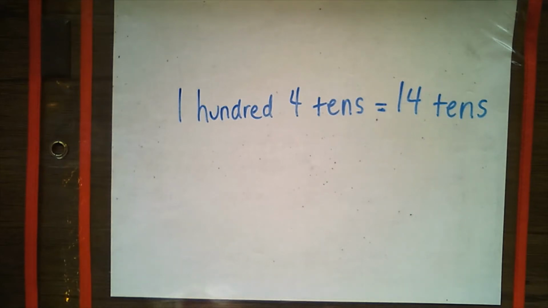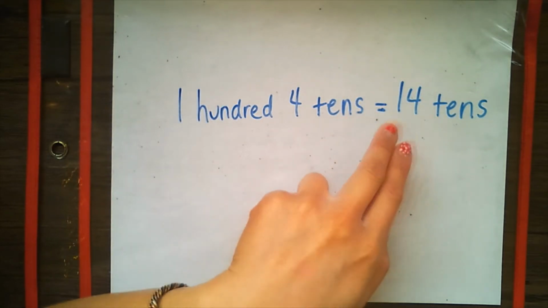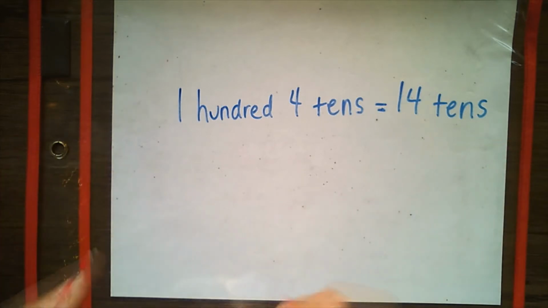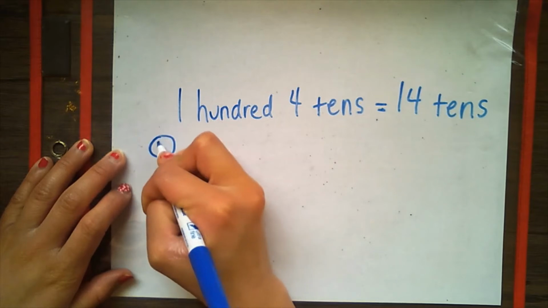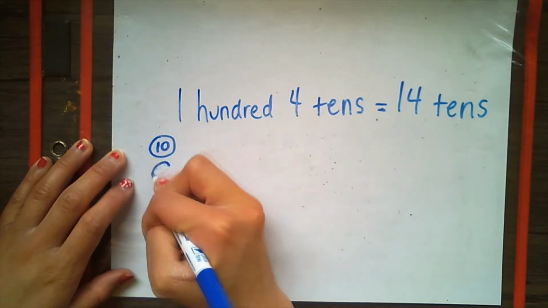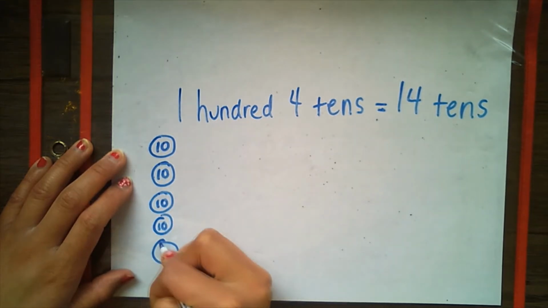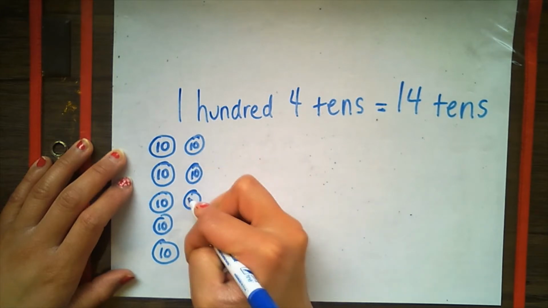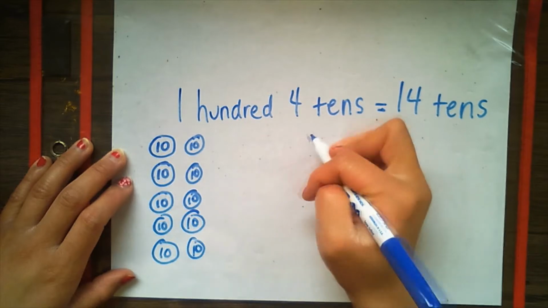Alrighty, my friends, welcome back. Let's go ahead and talk about this. So 1 hundred 4 tens is the same thing as 14 tens. This is true because, take a look, 100 is the same thing as 10 tens. So let's create 100 with 10 tens, and then we have our 4 tens.